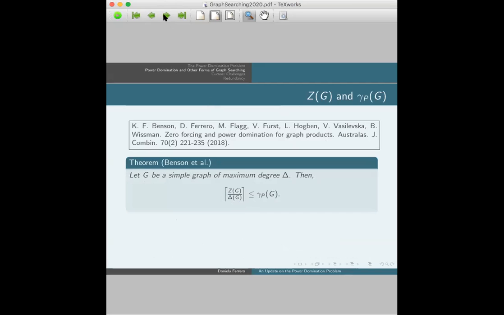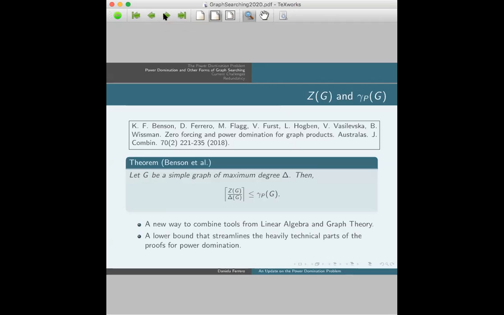So this bound gives us a new way to combine linear algebra tools and graph theory, and this lower bound streamlines some of the heavy technical parts of the proof for power domination. I'm talking about proofs that were reduced from 5 pages to 3 lines. So it is a significant advancement. And also it's more conceptual, it's more elegant, it shows really what is going on.